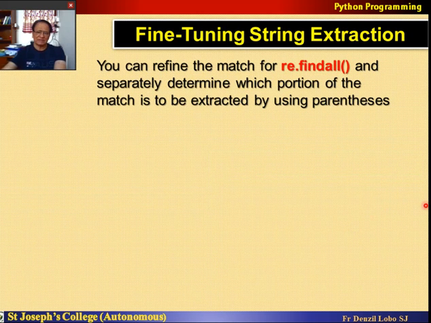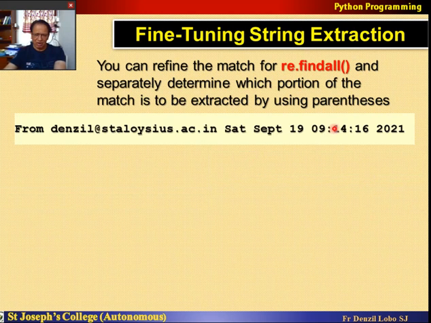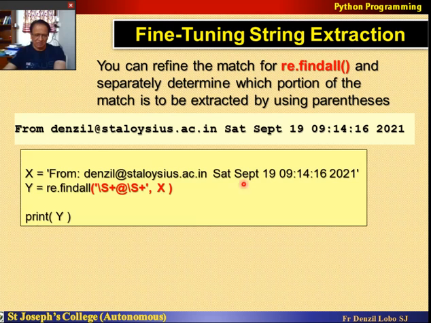Now fine-tuning string extraction. Again, we are dealing with findall only. Let us see what we do. For example, I have got a text here which contains this much data. I've got the email IDs there. I want to extract the email ID. So as you see, this is the regular expression.